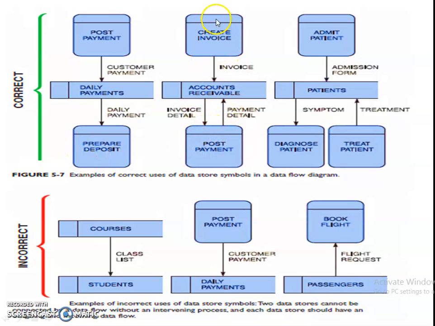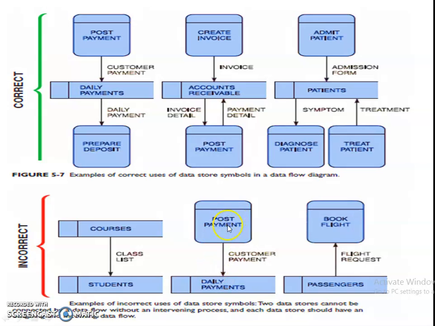If one process is adding information or saving something in the data store, while another process is either saving or retrieving certain information, this is also correct. However, it becomes incorrect if you connect a data store directly to another data store. This is wrong. There must be a process in between.